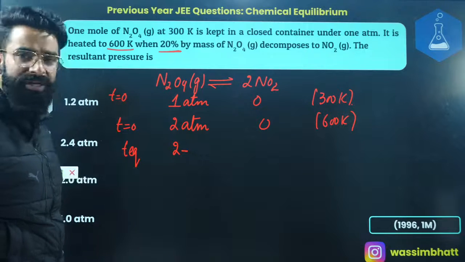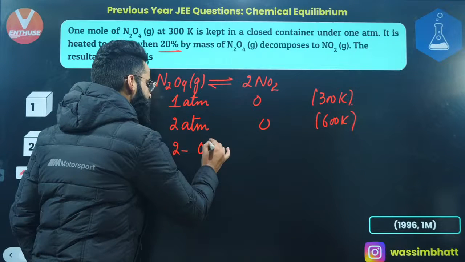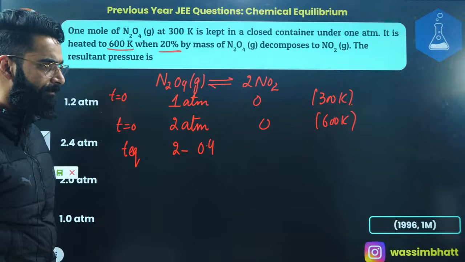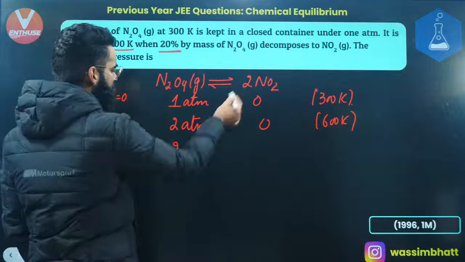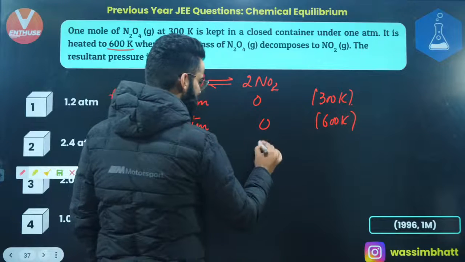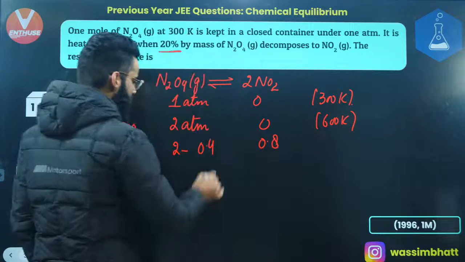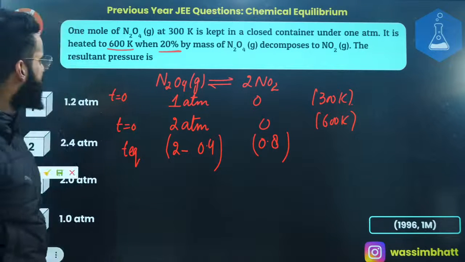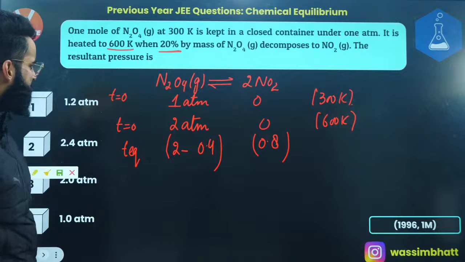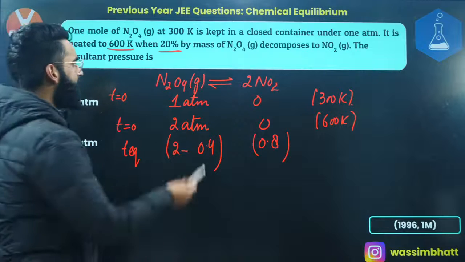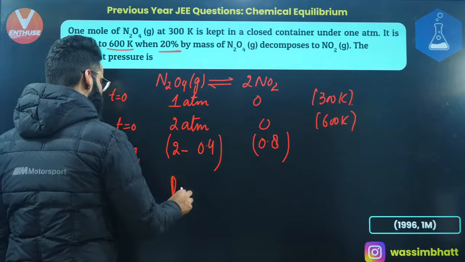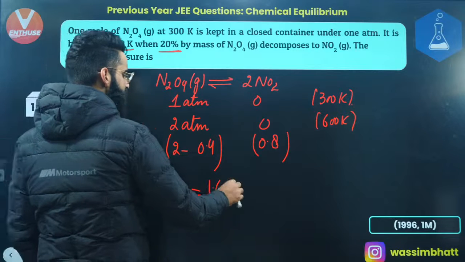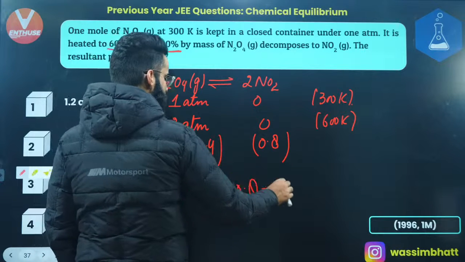So the pressure at 600 Kelvin was 2 atm. Now it's going to be 2 minus 0.4, not 2 minus 0.2. Now 1 mole gives 2 moles, so from 0.4 you get 0.8. These are the pressures of reactants and products at equilibrium. Once you get them, you can calculate the total pressure of the system at equilibrium, which is 2 minus 0.4, that is 1.6, plus 0.8, which is 2.4.